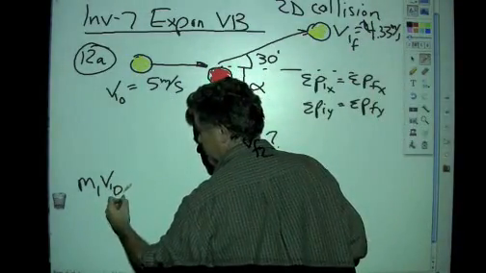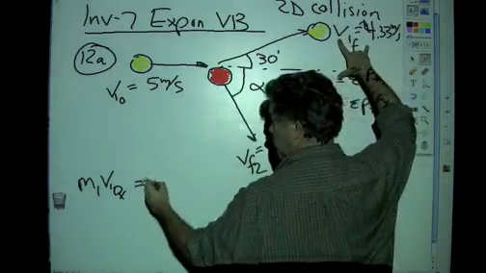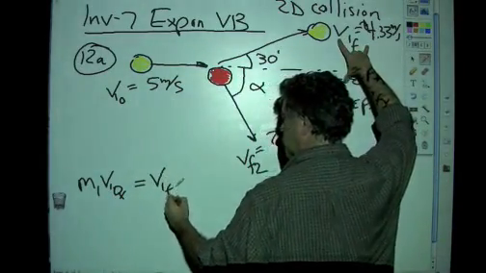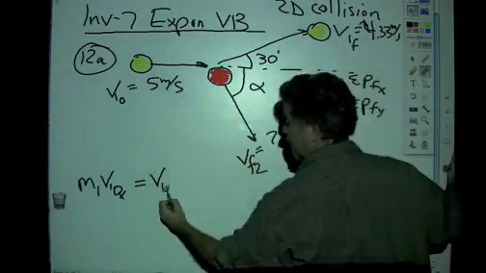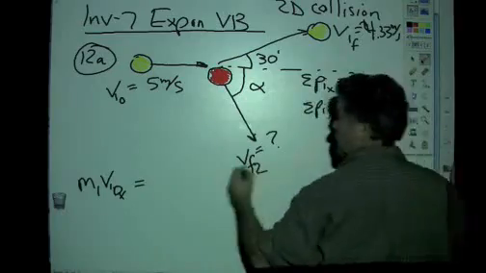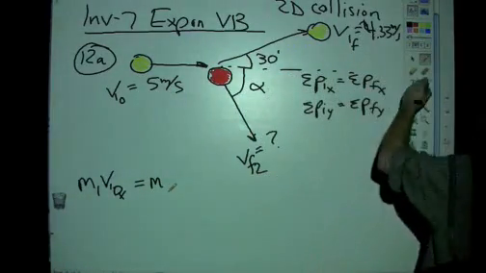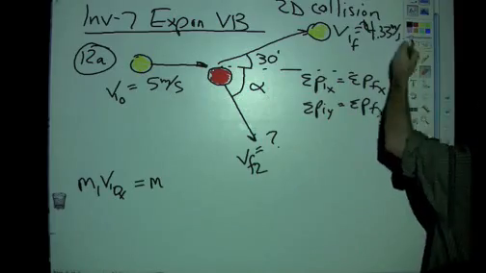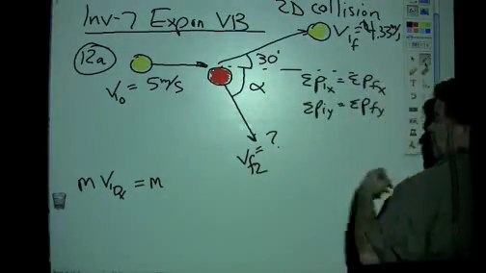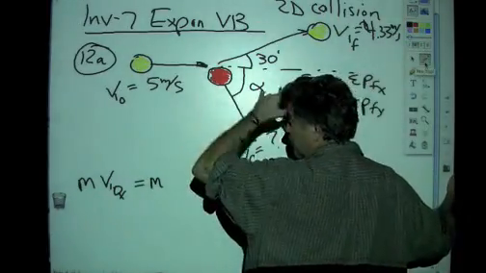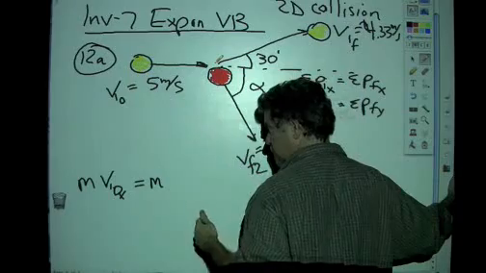In the X direction, M1 V1 naught X is equal to M1 V1 final X plus M2 V2 final X. And hey, since the mass is the same, why say M1, M2? Why not just say M? If you can do it, do it. The two masses, the yellow and the red, are the same.